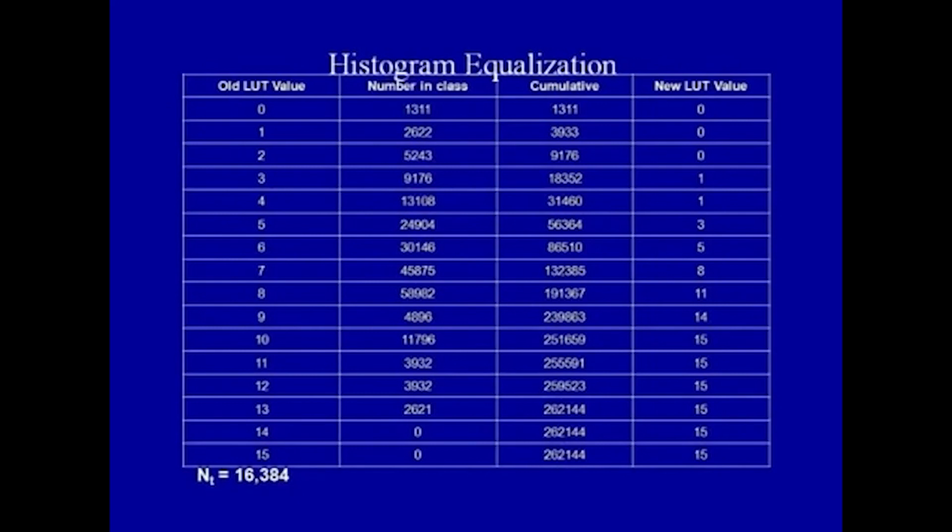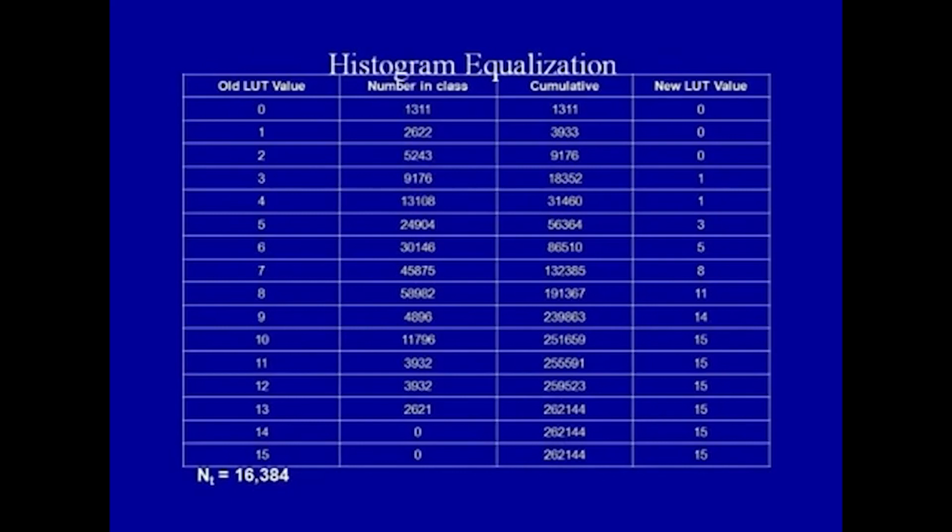But at brightness level 5 in the original, the cumulative frequency is 56,364, which is more than thrice the target pixel value. So, brightness level 5 in the original image will be assigned a value of 3, and in this manner we continue to examine each of the cumulative frequency values and remap the old brightness values to the new brightness values.